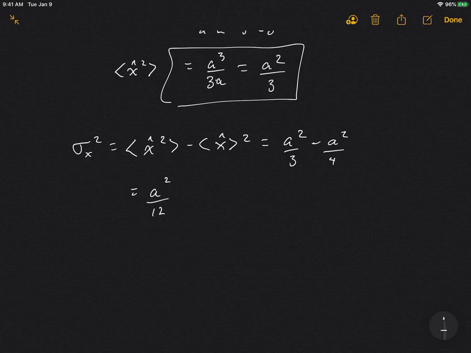And again, this is the limit as n goes to infinity. The actual value for the n equals 1 state is going to be close to this. It's going to be actually a little bit smaller uncertainty. This is the limiting case, the maximum uncertainty in position for the particle in a box.